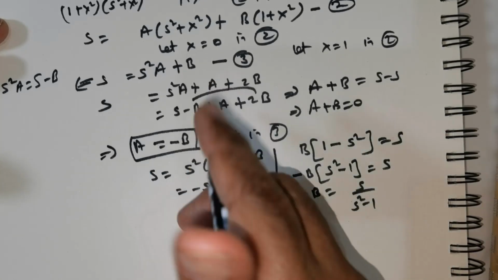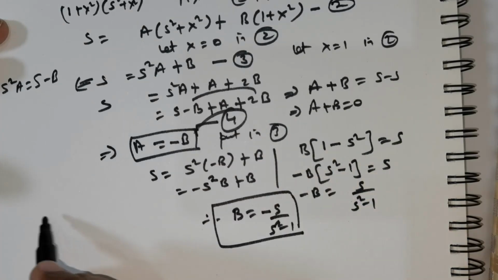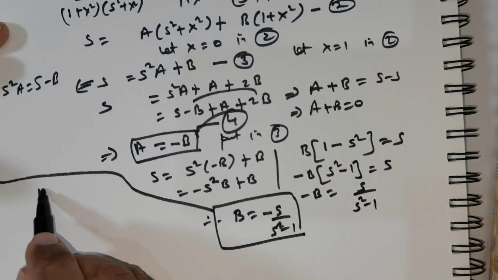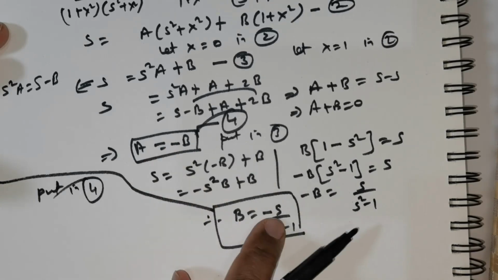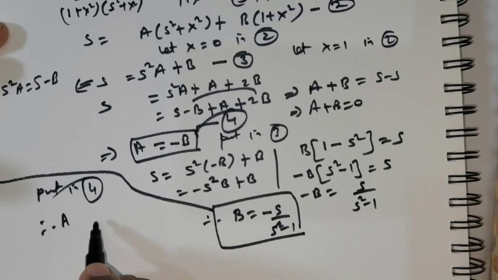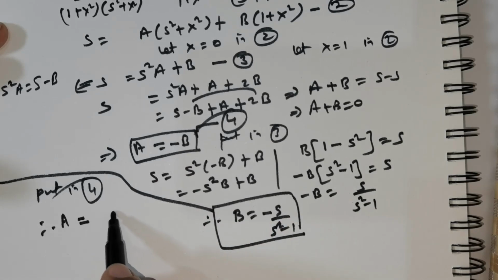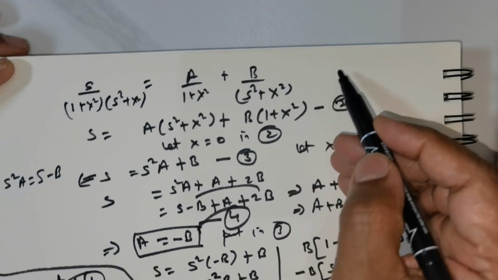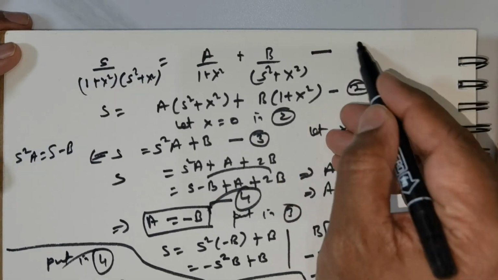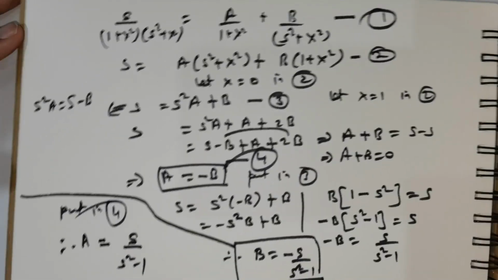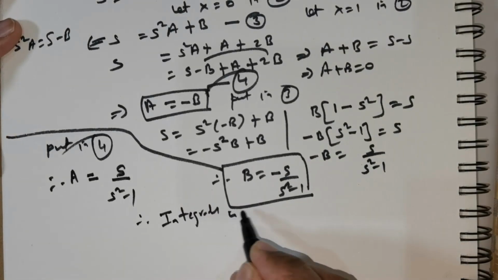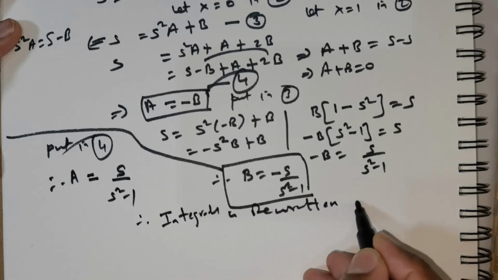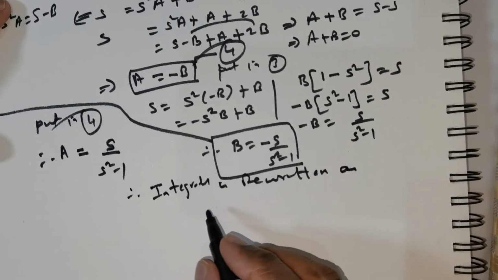Now you take the value of B and substitute it in 4. Put in equation 4. So if you put this in 4, negative will become positive. Therefore A value is going to be positive s over (s² − 1). But this is what we started with, right? If we take this as 1, the integral is rewritten as, how do we rewrite this?